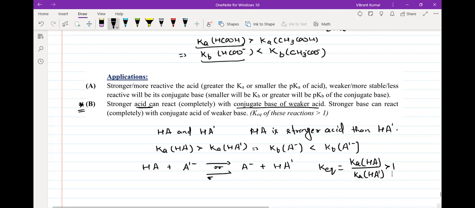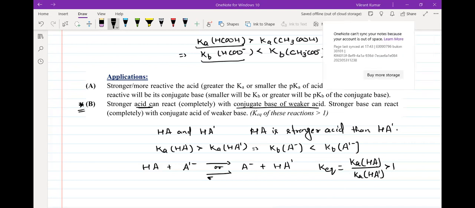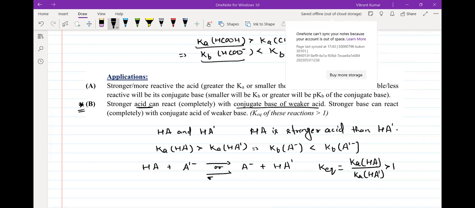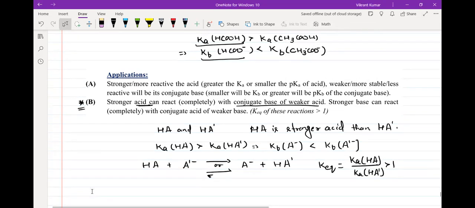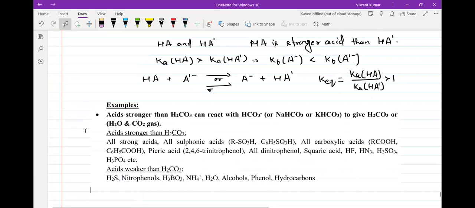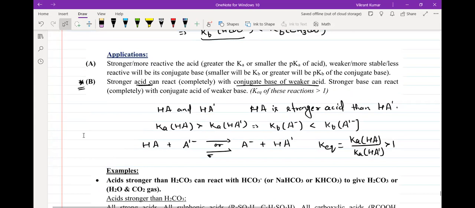Now this has many applications which are used in organic. Like I told you earlier also, any acid which is stronger than H2CO3 can react with HCO3 minus. That is one example, and after that I had given the whole list. So any acid which is stronger than H2CO3: stronger acid will react with the conjugate base of the weaker acid. If I'm considering H2CO3 as the weaker acid, then any acid stronger than H2CO3 will react with its conjugate base, which is HCO3 minus, and it will produce CO2 gas.